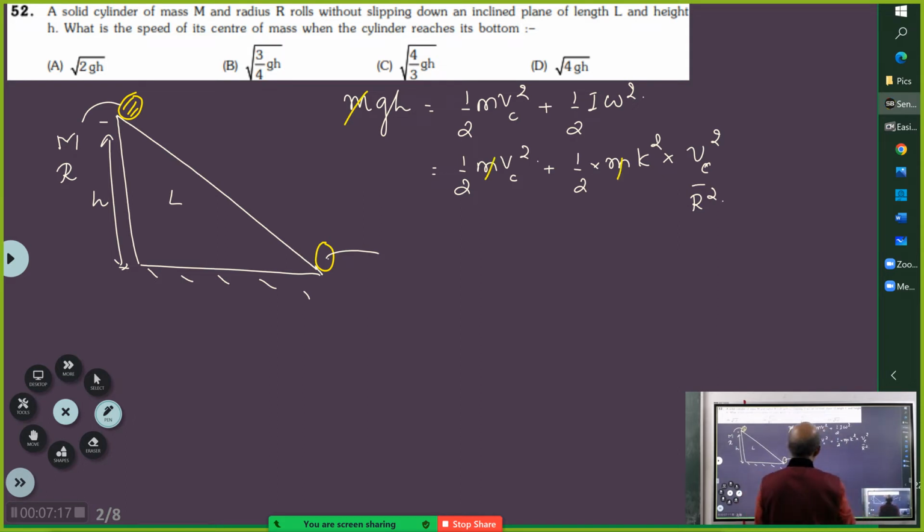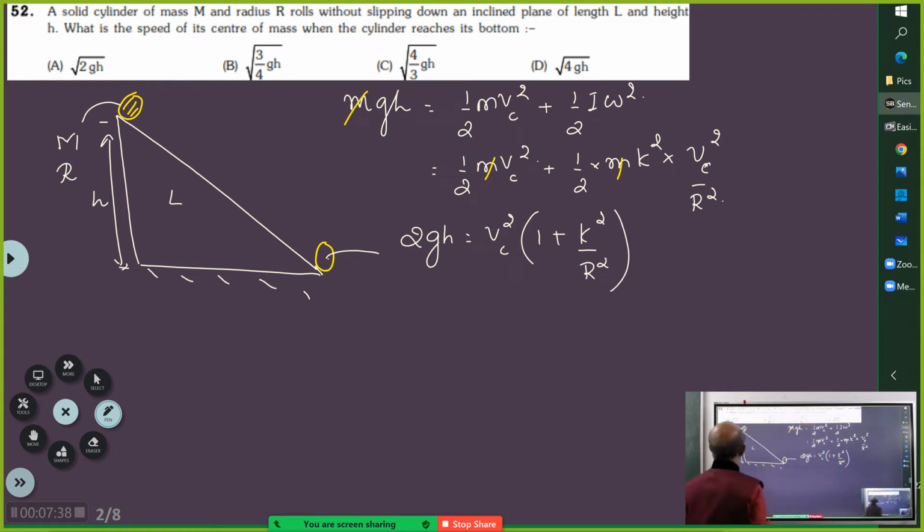The m's get cancelled, Vc square is retained, and I will transfer the 2 to the other side. So 2gh is equal to Vc square into bracket 1 plus k square by R square. And they have told it is a cylinder. For a cylinder, m k square is equal to m R square by 2. So cylinder and disk are the same. I think we have derived that.